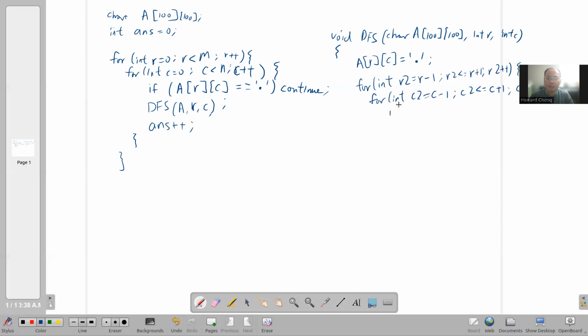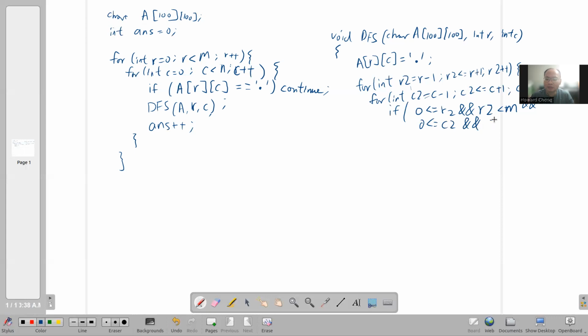And now I have to say if, okay, what do I need to do? I need to make sure that I'm not out of bounds. So if 0 is less than or equal to R2 and R2 is less than M. Of course, just assume that M and N are available. I didn't pass it in, so maybe that has to be a global variable, or pass it in.